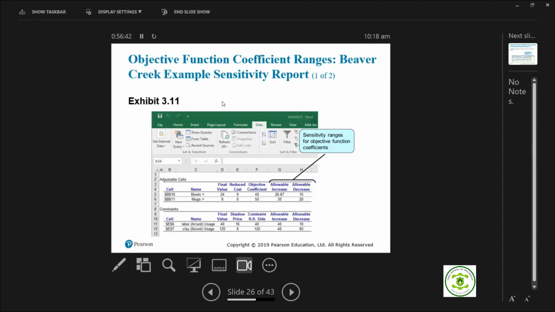It means that Beaver Creek can increase the coefficient of the objective function for both, which is 40, by 26.67 and still remain in the optimal solution.